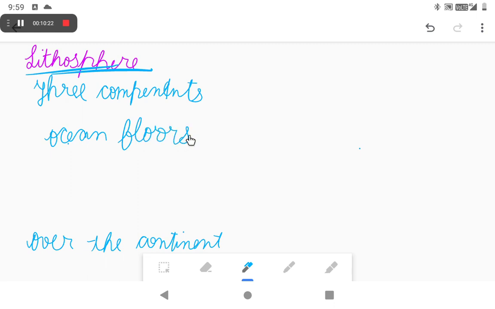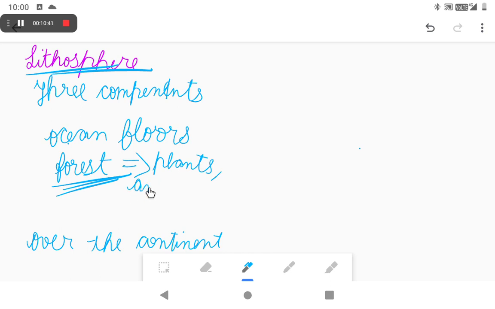Okay, so we have learned about the lithosphere, and it also provides us the forest. Forest is the main part of lithosphere. Why? Where all plants and animals live for their survival, because they adapt in that environment of forest.